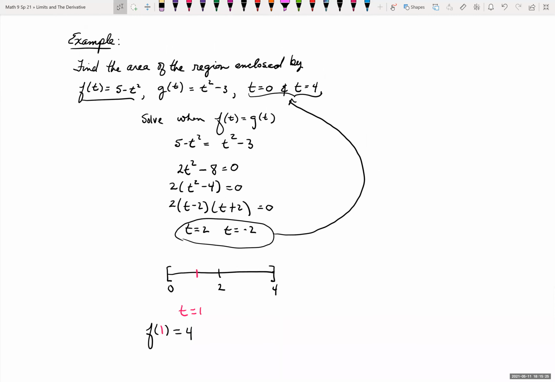Where if I looked at g of 1, this equals 1 squared, which is 1. 1 minus 3 is negative 2. So notice that our function f is bigger than our function g in between this interval. So f of t in this interval is bigger than g of t.